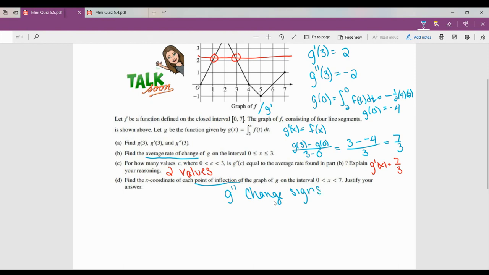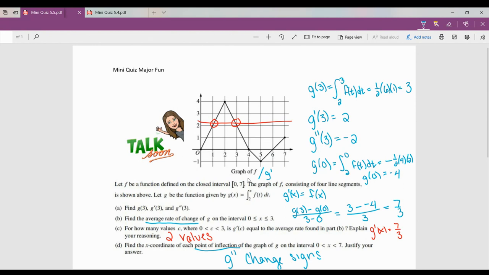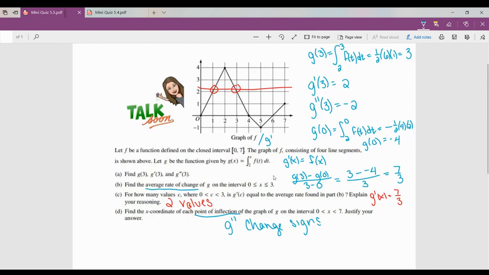So first thing, g double prime is the derivative of this graph. The slope is the derivative. So the slope of this graph changes signs at x equals 2 because it goes from a positive slope to a negative slope. Let me just erase that line.